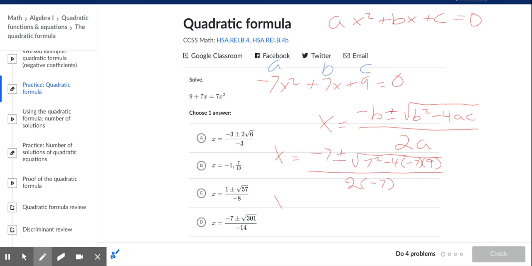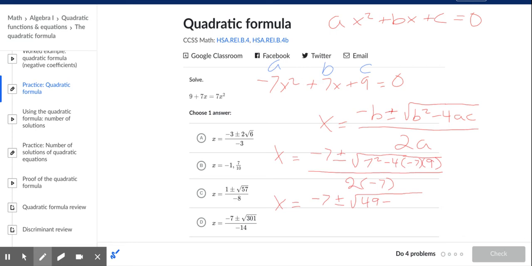So let's simplify. We're going to have x equals negative 7 plus or minus the square root of 7 squared, which is 49, minus... actually, it's going to end up being plus, but I'll talk about that as we get there. Negative 4 times negative 7 times 9 is 252.